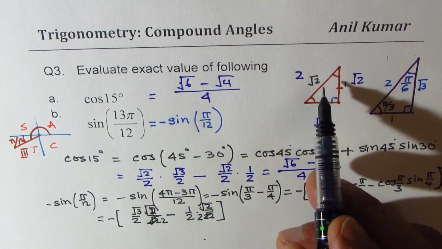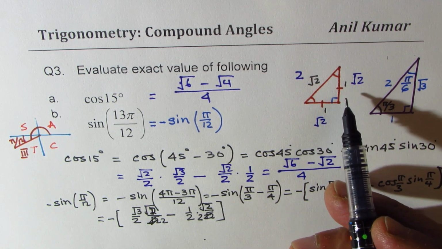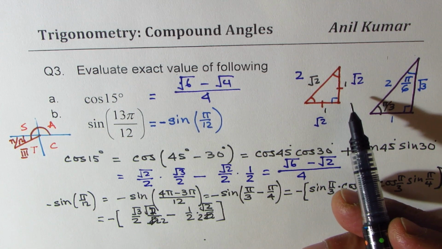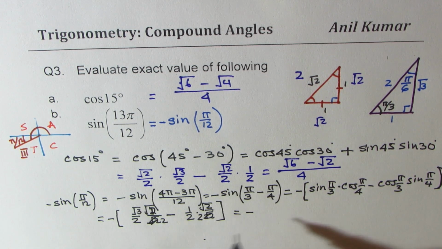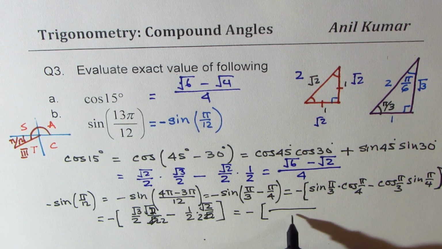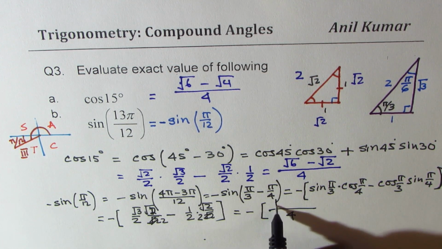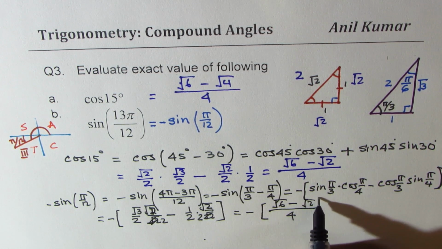Yeah, because we kind of took this value as 2 and square root for the sides, cos and sine values have to be less than 1, right? Okay, so that is how it is. Now we can just multiply, but negative outside. Again, denominator is 4 for us, and the numerator is square root of 6 minus square root of 2.